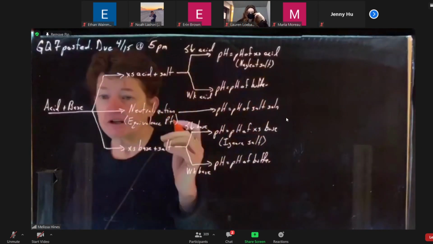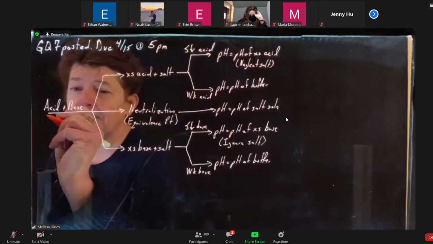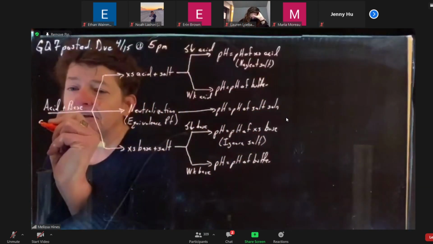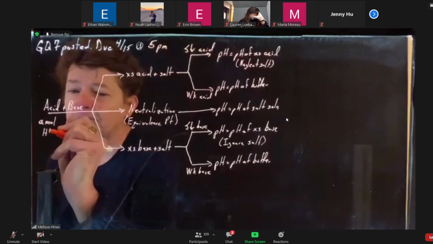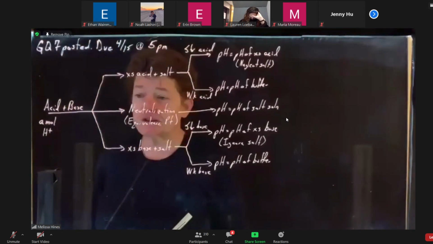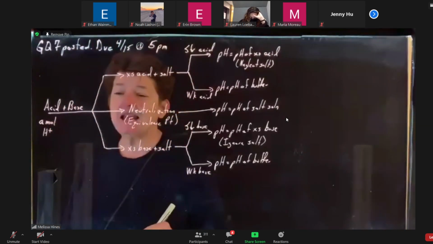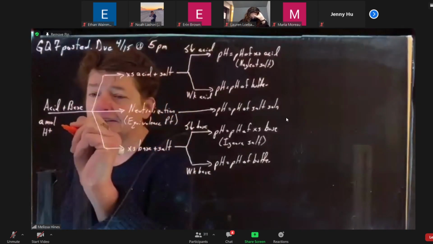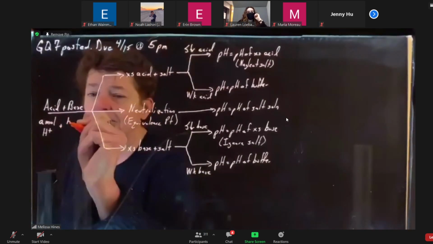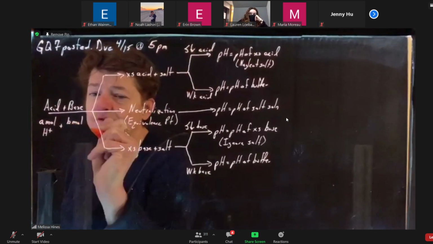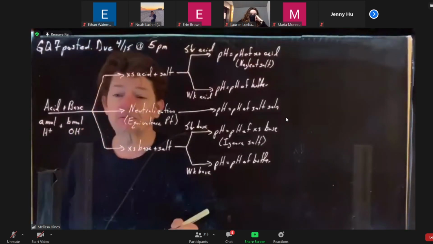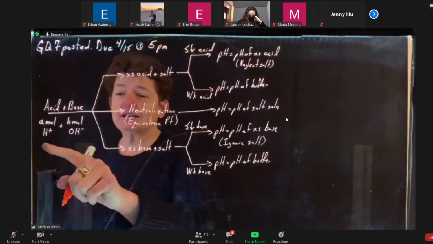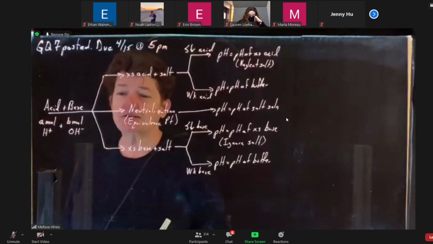So what we said was, let's suppose that we start out by looking at our acid and figuring out how many moles of protons we could get from it if we completely dissociated it. And let's say we could get A moles of protons out of our acid, and we did the same thing for the base. We asked how many moles of OH minus could we get from our base if it was completely dissociated. So that gives us how much acid and how much base we have.